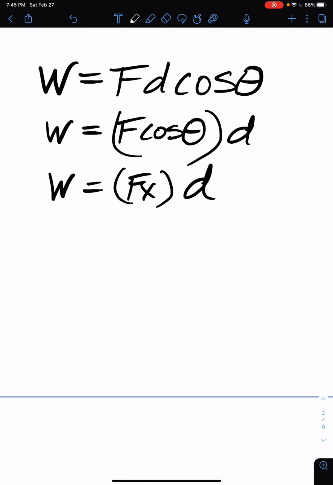When we talk about the work being done, work is done, I shouldn't even say by the force component. It's done when the force and the distance are parallel to each other.